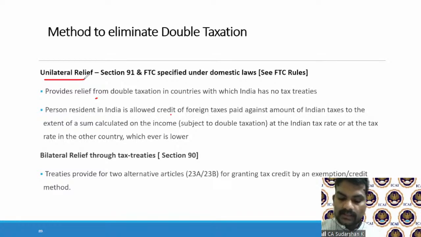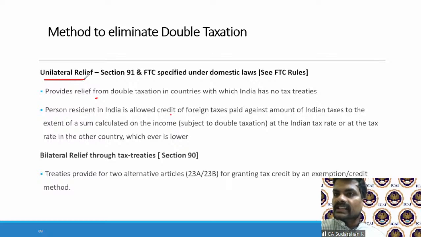I repeat, an Indian company has a foreign income, and that foreign income has suffered tax in the foreign country. Now, ideally, being a tax resident, your global income will be taxed. So in your global income, you will include both your Indian income plus your foreign income, and then find out the tax.